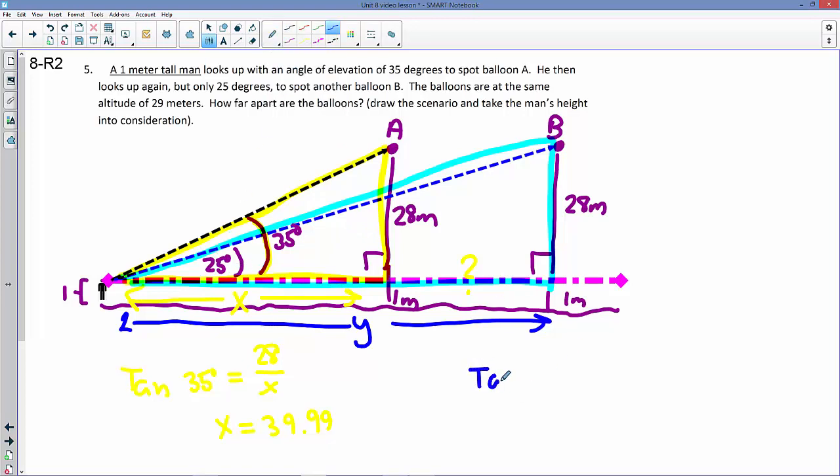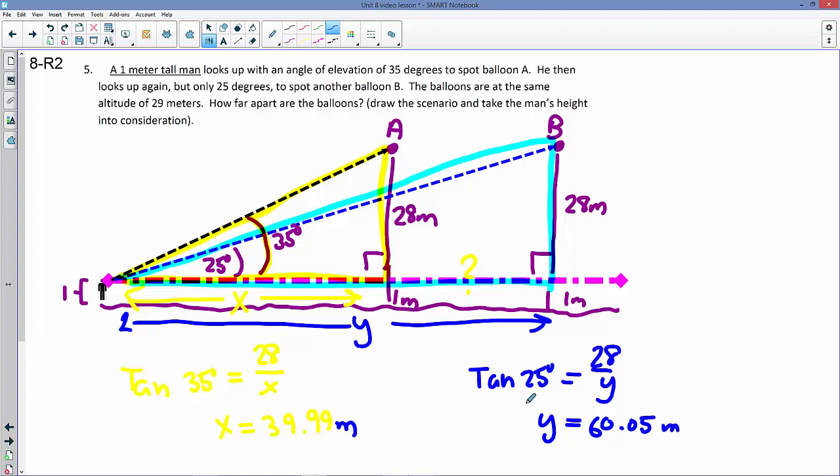Tangent of 25 equals the opposite, 28, over y. Multiply both sides by y, divide both sides by tangent 25. So it's 28 divided by tangent of 25, and that equals, I think, 60.05. And these are meters, so I'm going to put meters for both of these.